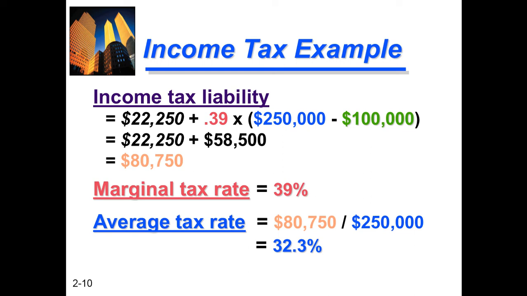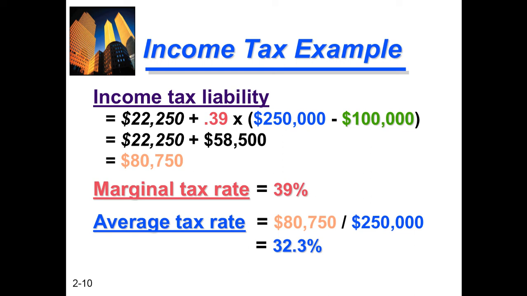For the average tax rate, we simply divide the tax by the taxable income. 80,750 divided by 2,50,000 becomes 32.3%. So the average tax rate is 32.3%. Simply multiplying 32.3% by the 2,50,000 gives 80,750.